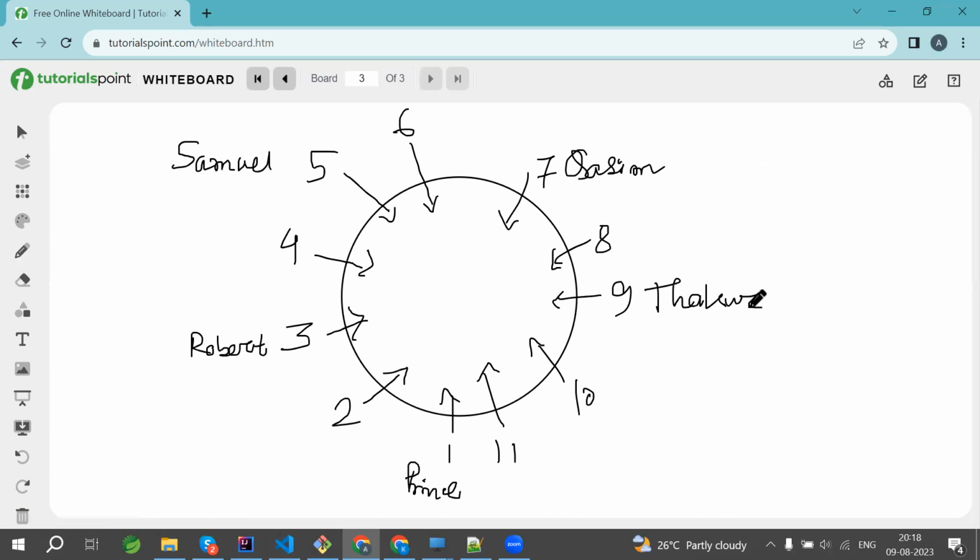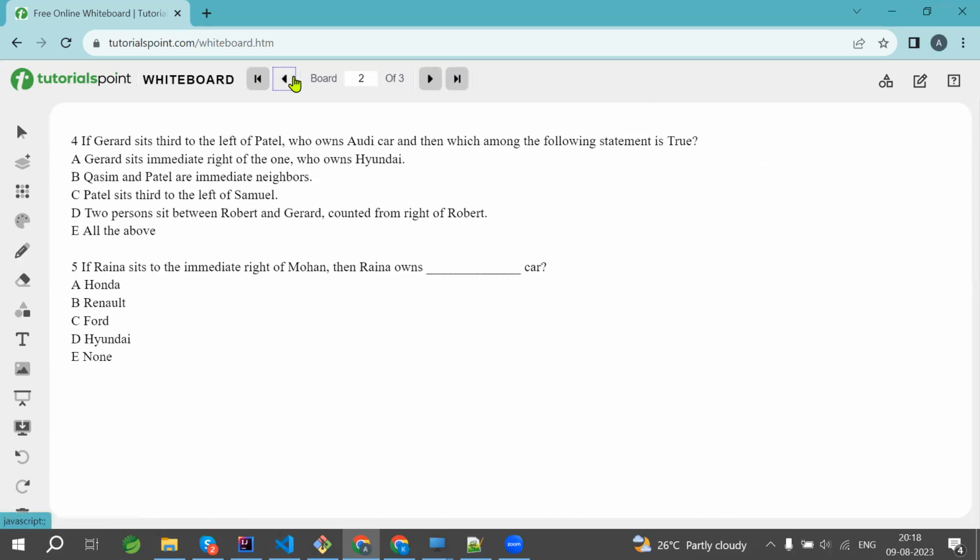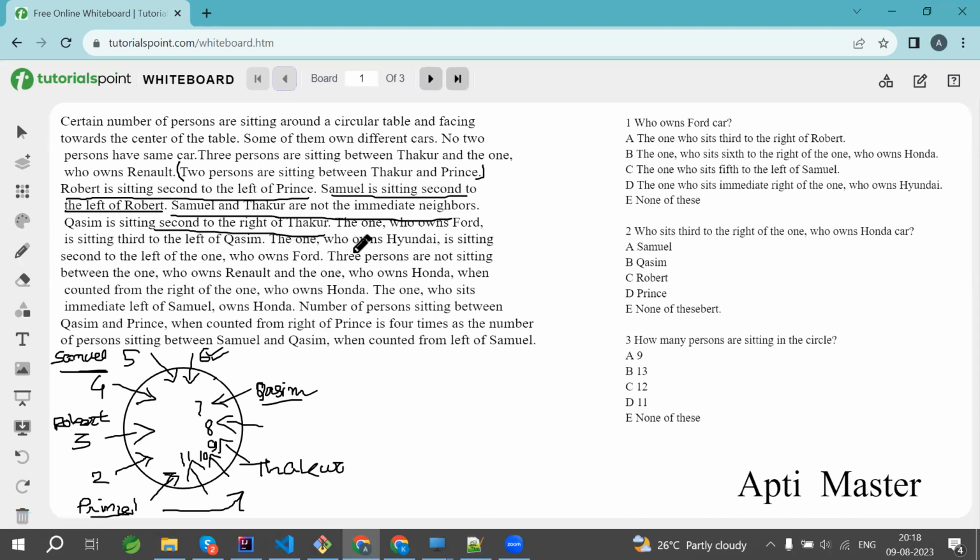Now, the one who owns Renault is also given. The one who owns Renault is sitting second to the left of the one who owns Ford. Three persons are not sitting between the one who owns Renault and the one who owns Honda when counted from the right of the one who owns Honda.